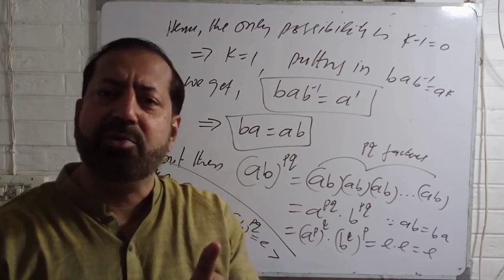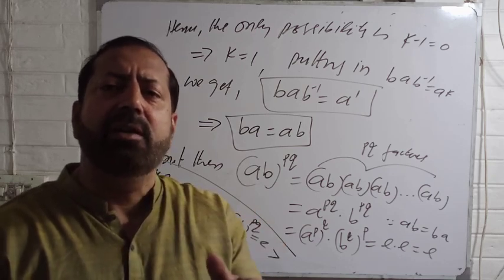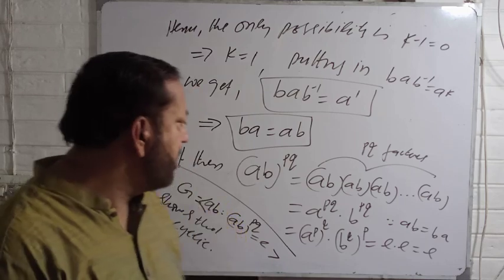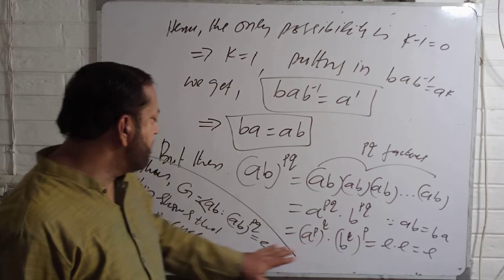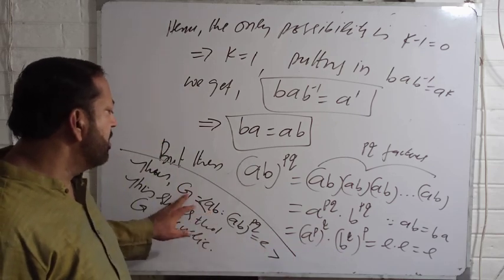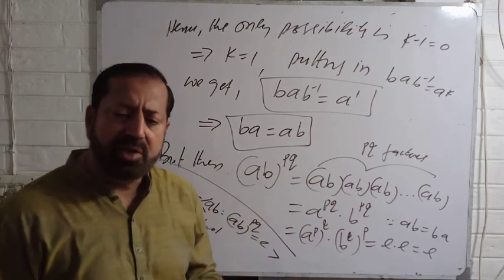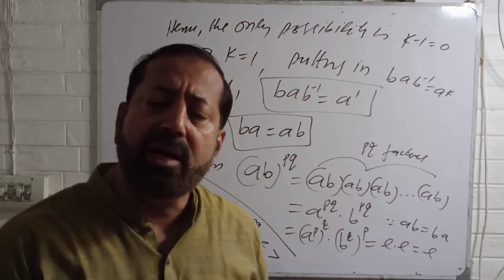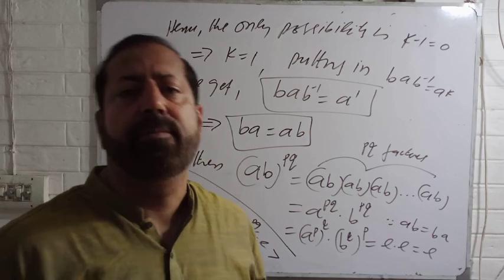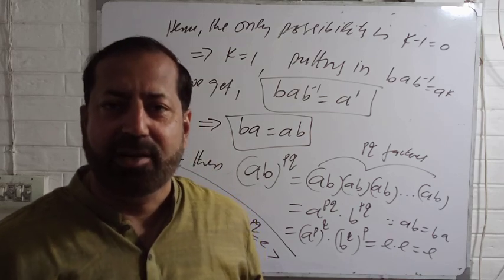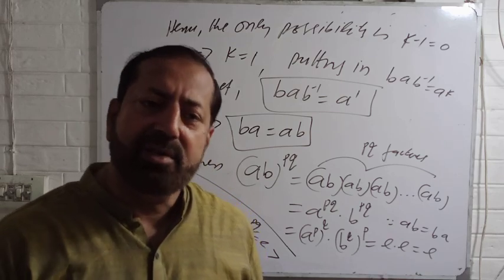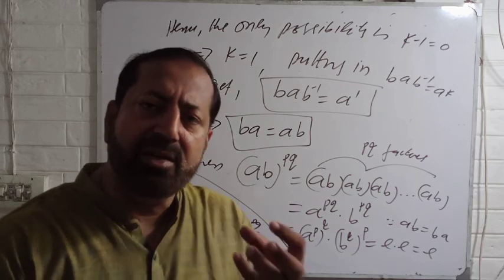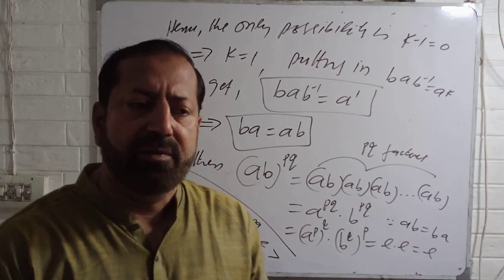Because if you can show that K is equal to 1, then B inverse must be equal to A, that is BA is equal to AB. If BA is equal to AB, then this is so easy. This means that AB is an element of G of order PQ, and if G has an element of order PQ, this means that that element is serving as a generator. This means that G is a cyclic group. So for this you have used techniques and little number theory and one of Euler's theorem.